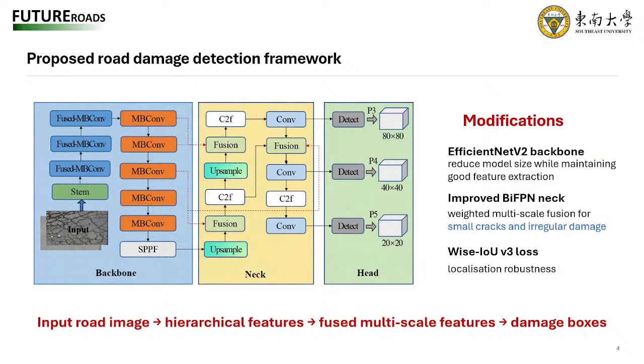Then we use an improved BiFPN neck to fuse multi-scale information for small and irregular damage. And finally, we use the WiseIoU v3 loss function to increase the accuracy and robustness of the localization of damage defects. In simple terms, this framework converts the road image into different hierarchical features, combines these features efficiently, and finally provides a bounding box for the damage.